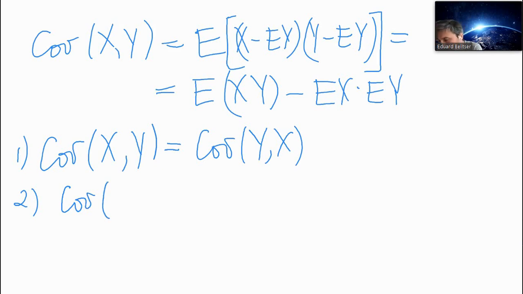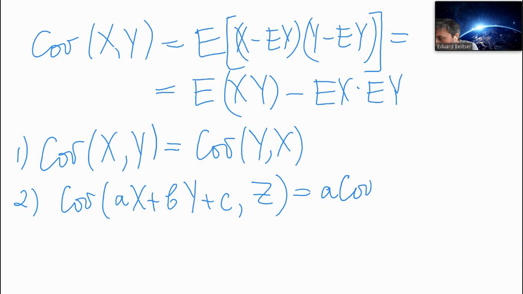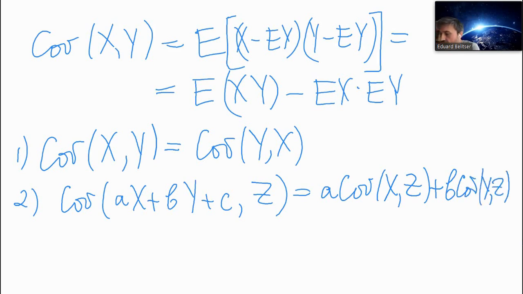Covariance of, let's say, AX plus BY plus C, where A, B, C are constants. They're deterministic numbers. And then this new random variable, we would like to compute the covariance of this random variable with some random variable Z. Then there is this linearity property which says it's just A covariance of X and Z plus B covariance between Y and Z. Okay, and what about C?